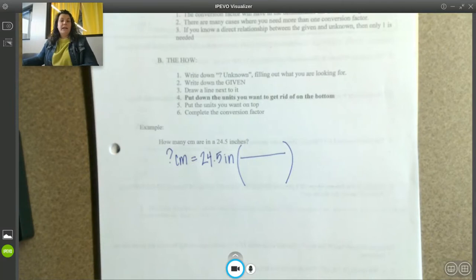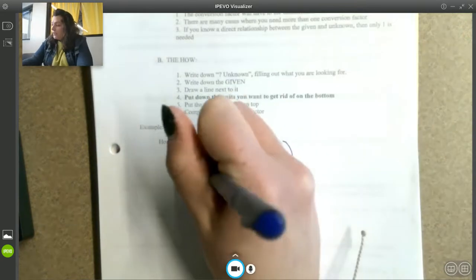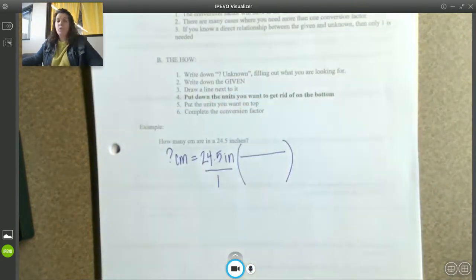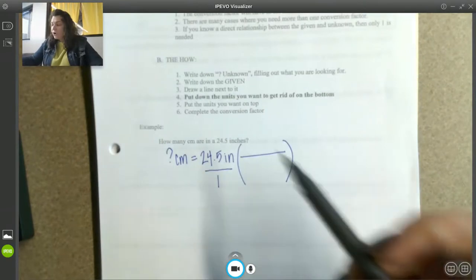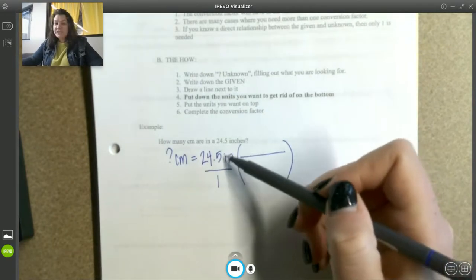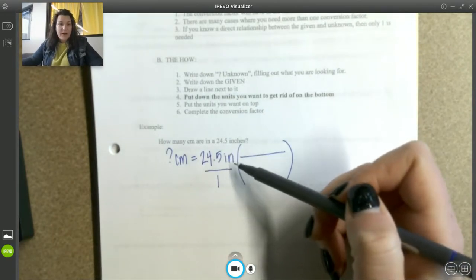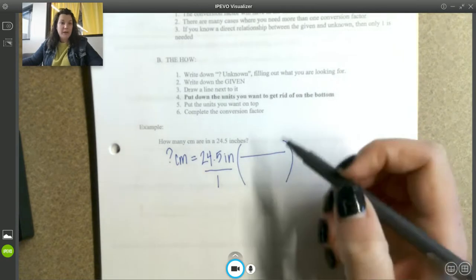Next thing is we're going to write down the units we want to get rid of. Why do we put the units in the bottom that we're trying to get rid of? Anytime you have a number, that number is just over 1, right? So that means that inches is in the top of the fraction, so it means it's in the numerator.